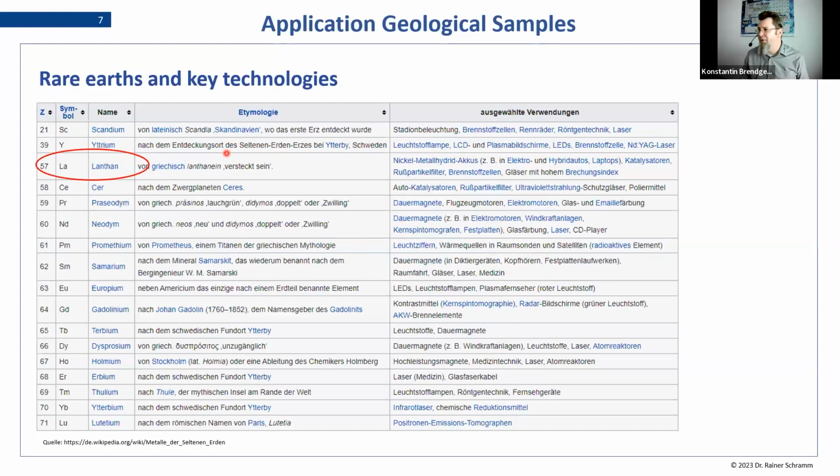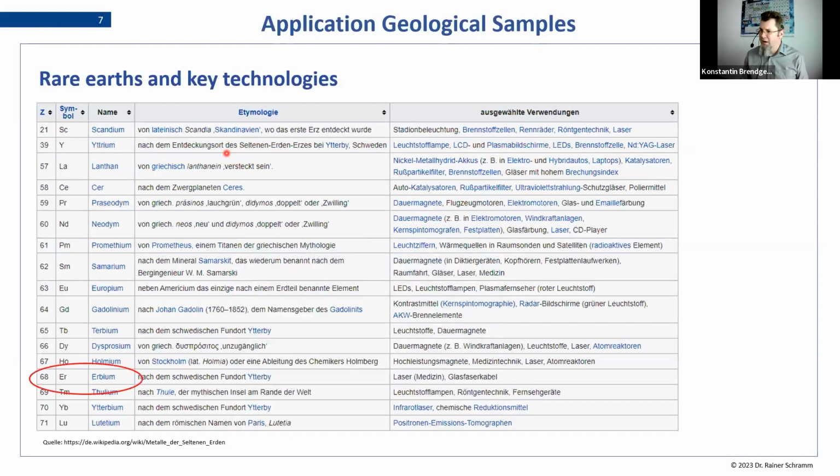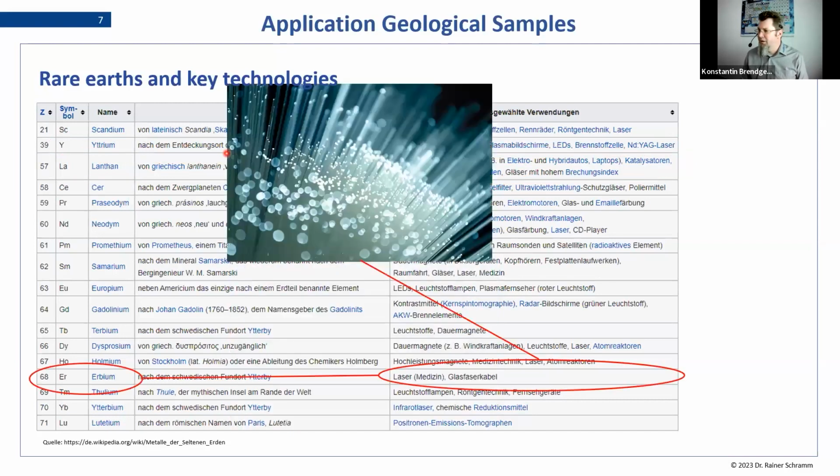Another one, lanthanum, for example, is used in accumulators. So the electric car industry is very interested in that element. And finally, erbium, for example, is used in glass fiber optic cables. So yeah, we're talking about internet and all that.